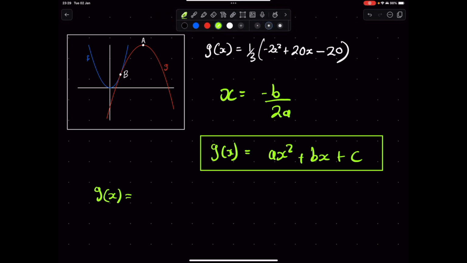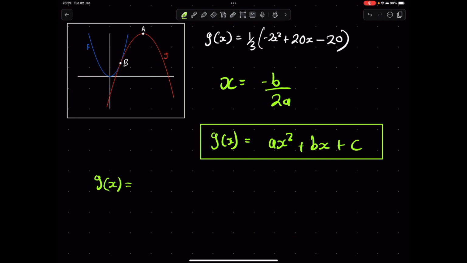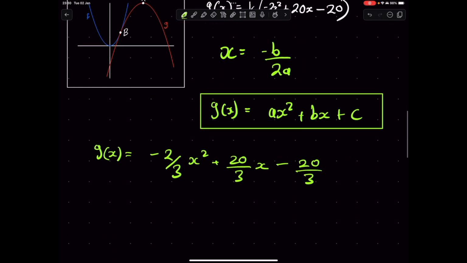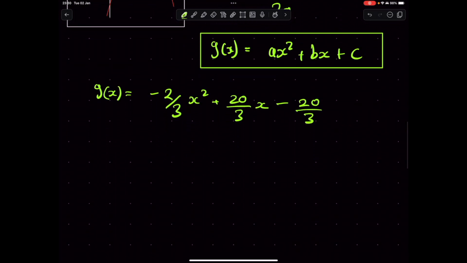Okay, disappeared. Right, so we've got 1 over 3 there. So we'll take this negative 2 over 3 x squared plus 20 over 3 x minus 20 over 3, and that would be the expanded version of our formula.